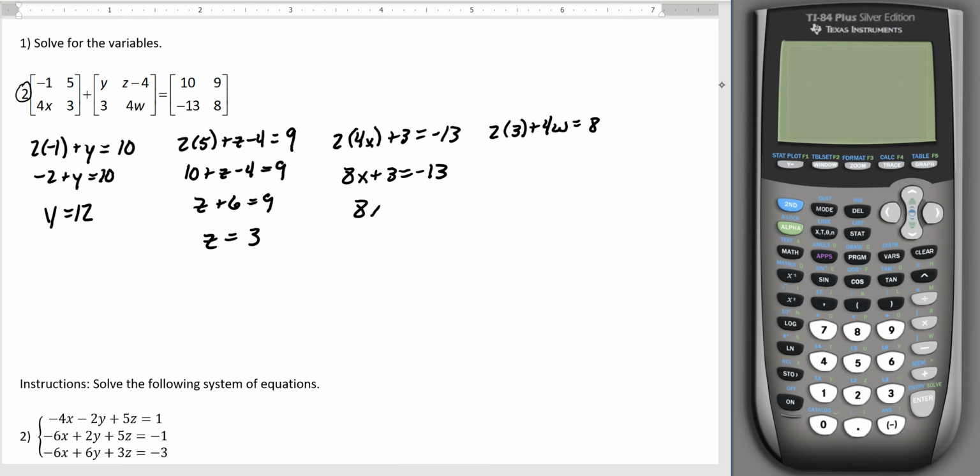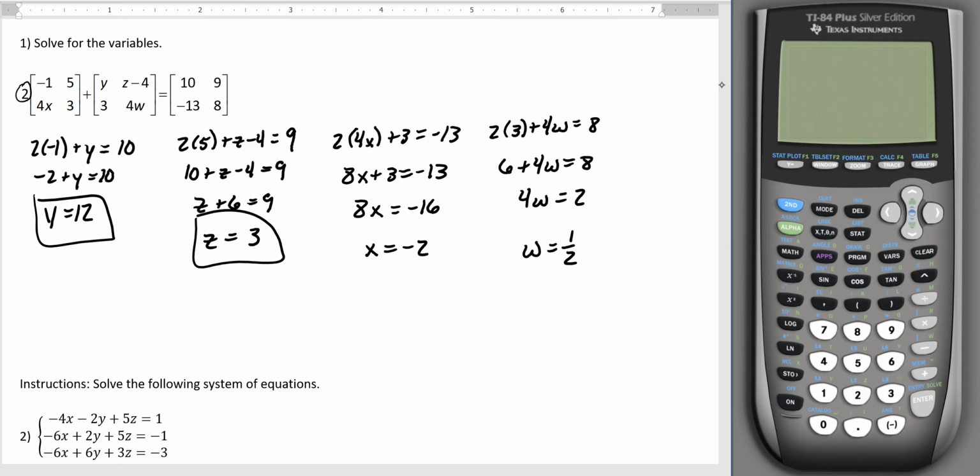Subtract the 3, so 8x would equal negative 16, which means that x equals negative 2. And W here, this is 6 plus 4W equals 8. Subtract the 6, 4W equals 2, which means that W equals 1/2. And for these, I'd probably just keep them separate, show what each variable equals, no coordinate pairs, nothing like that. But that's it for number 1 there.